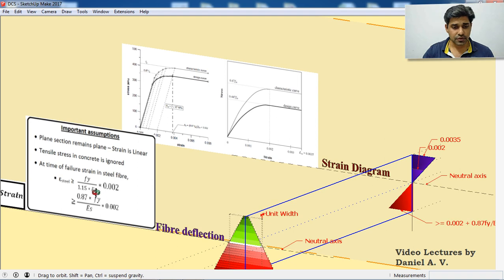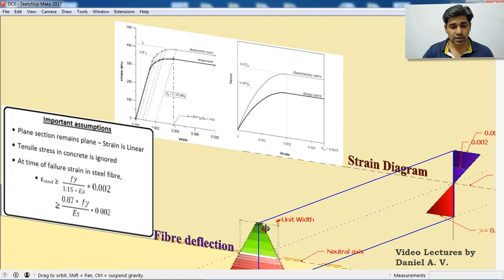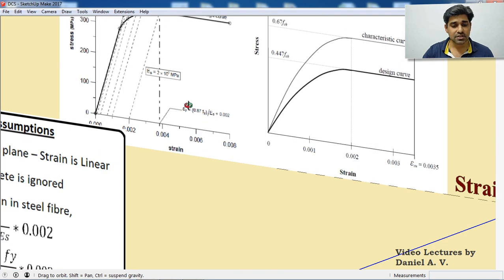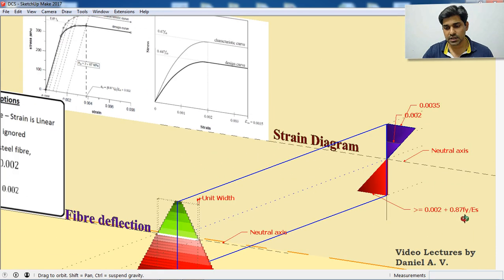So this is the minimum strain. So definitely by the time the concrete reaches the strain 0.0035, steel fiber has to reach this particular strain. So that's what we have marked here. That is 0.002 plus 0.87 Fy by Es, which is directly available from the stress strain curve in the code.